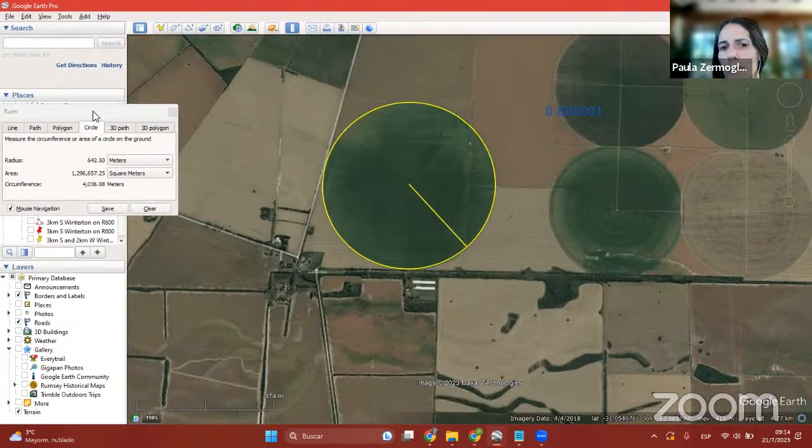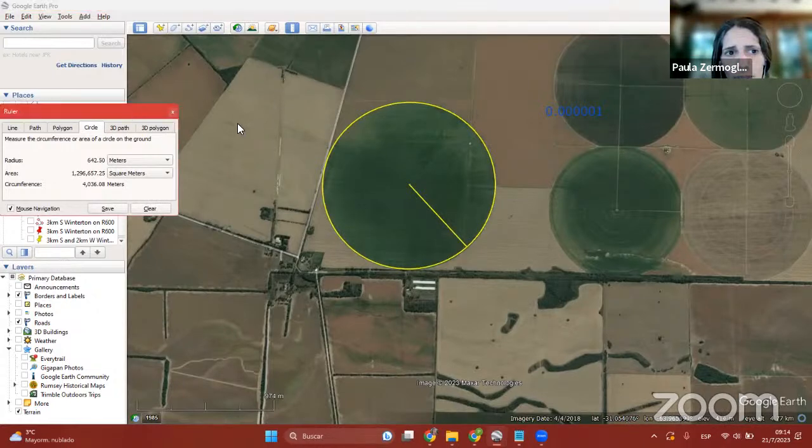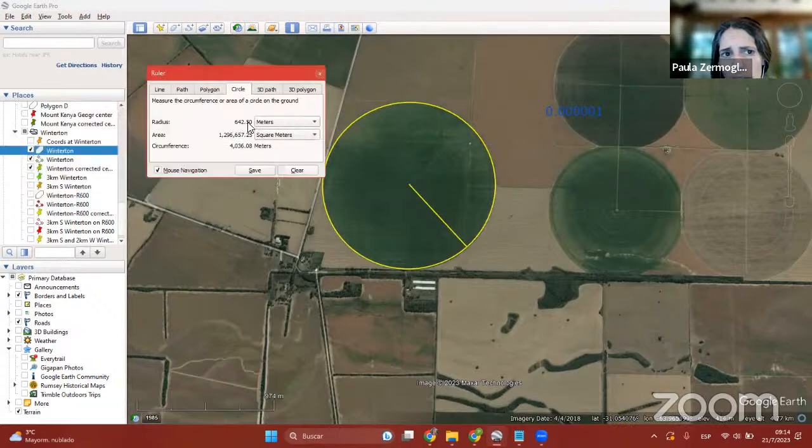This will have its own radial, and this is the radial that we get, 600 meters. And this will be the corrected center. So we will have a corrected center and a radial, and with that, we do the calculation. And we will get a given uncertainty.